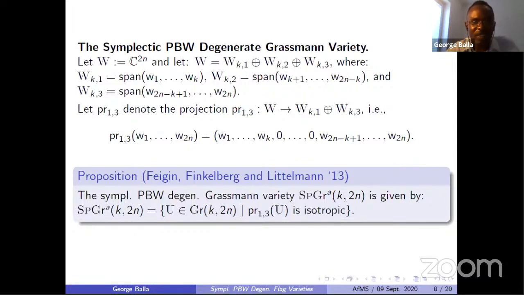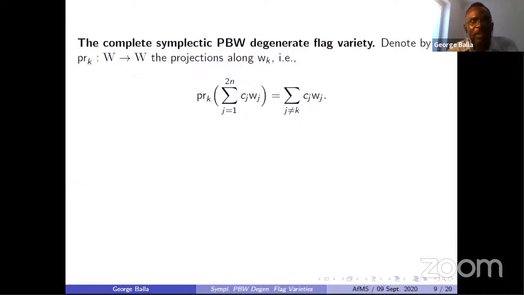So they proved this elegant result, and now having known what symplectic PBW degenerate Grassmann varieties are, we can talk about the complete symplectic PBW degenerate flag variety. For this, we need to introduce more projections, different from the ones on the last slide.